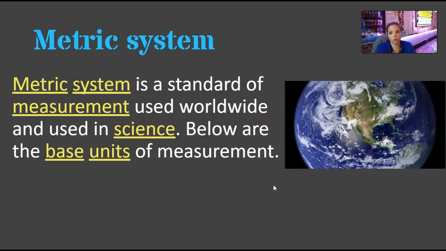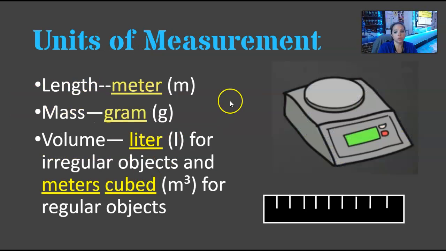So below in your notes is a list of base units for measurement. Some units we've already looked at is length. Length is in meter, m. Mass is in grams, mass on the scale. Volume, usually liter. If we're dealing with irregular objects, that's in the water displacement.